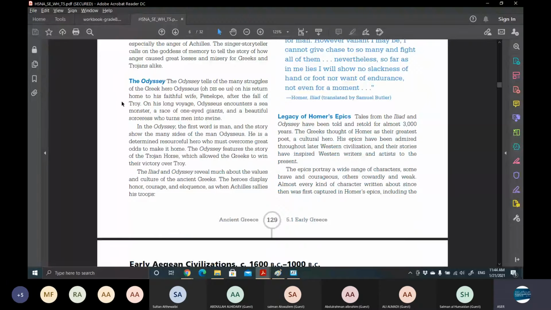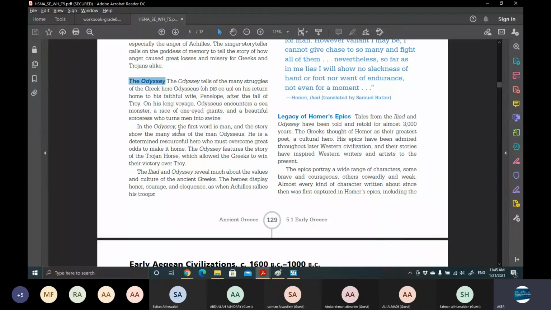Regarding the Odyssey, it happens after the Trojan War, as a man named Odysseus took a journey that took him 10 years. This journey should have taken only a couple of weeks, but he was lost at sea and a mermaid met him and he stayed there.